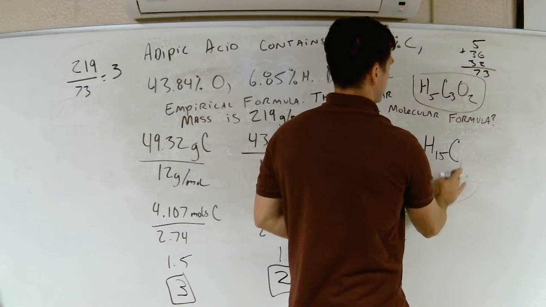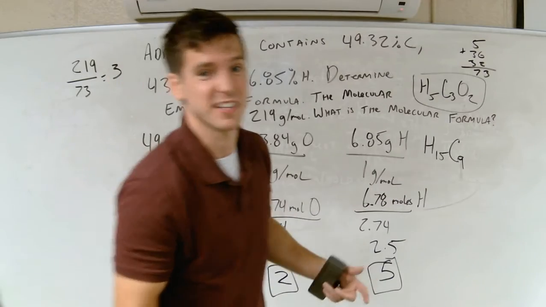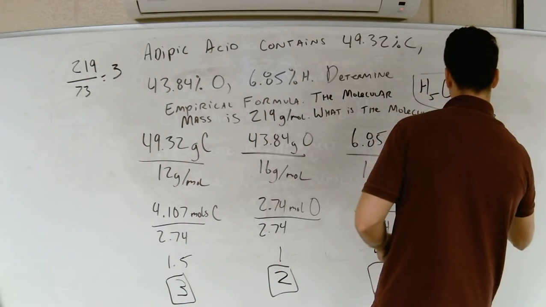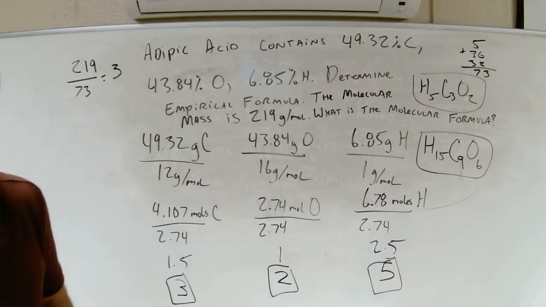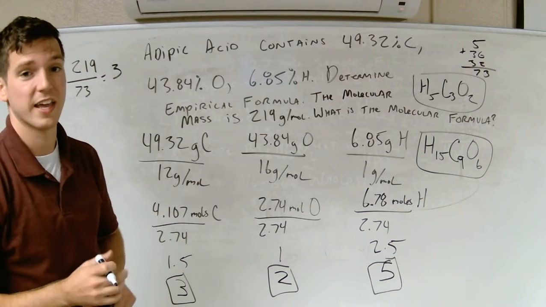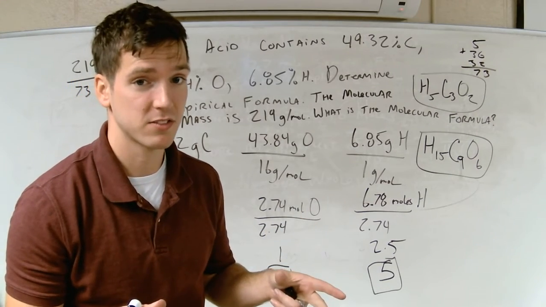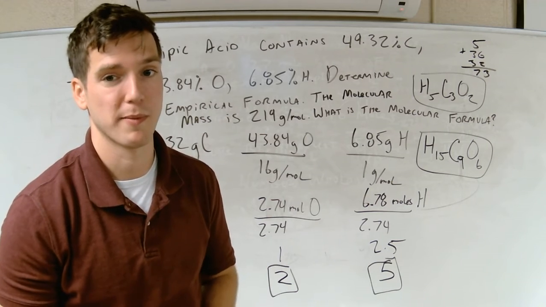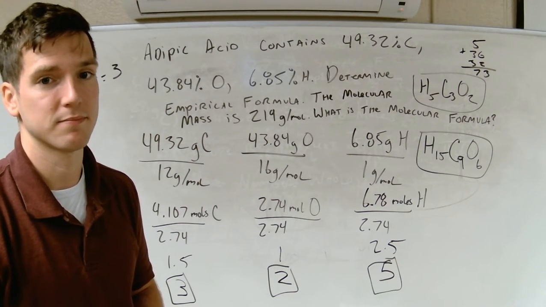That looks like a G. It is a G. And then 2 times 3 is 6, so it's O6. So that's our molecular formula. Again, it's just an extra step where we're taking the molecular mass divided by the empirical formula molar mass, and that tells us what to multiply our empirical formula by.